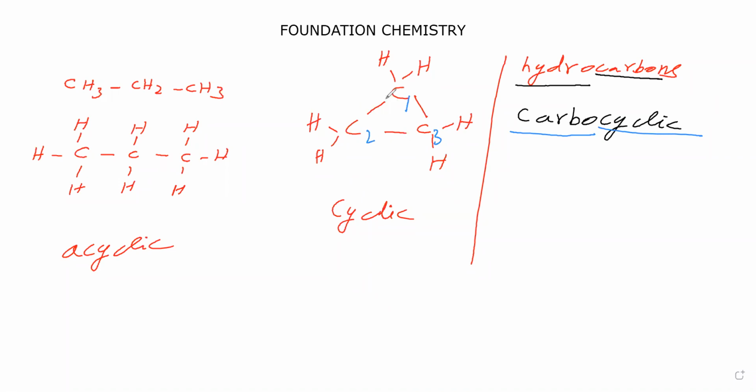So that it forms a cycle, therefore we will say it is carbocyclic. So carbocyclic compounds are nothing but hydrocarbons, but that is coming under which category? Cyclic category. Okay. So now we will see carbocyclic compounds. We will take carbocyclic compounds and see how to name them in IUPAC.